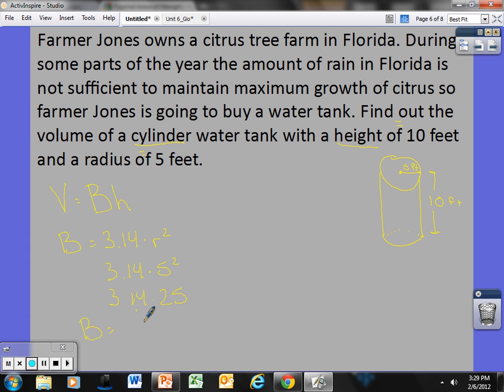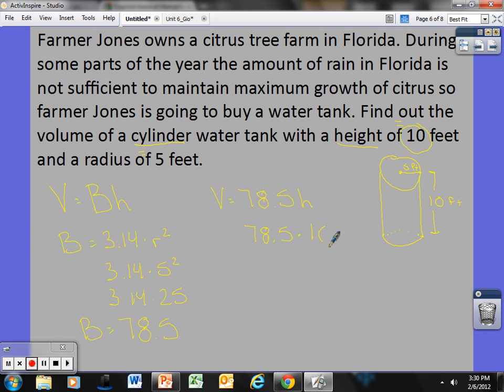That gives me 78.5. Okay, now I'm going to plug this back into my formula. Volume equals the area of the base, which I now know is 78.5, times the height. So I take 78.5 and multiply it by the height. I see the height here is 10.